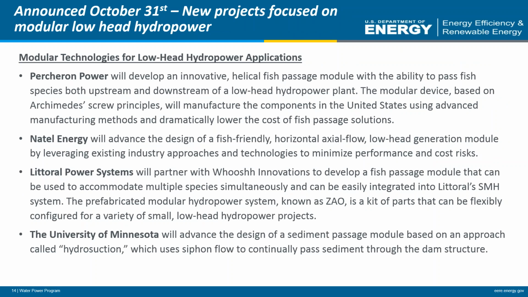So funding opportunity number 2 that we've done in the technology area was just announced last week, October 31st. Instead of looking at low-head hydropower applications as a project or a system, we are now focused specifically on new modules that can be adapted to a number of different small hydro designs.